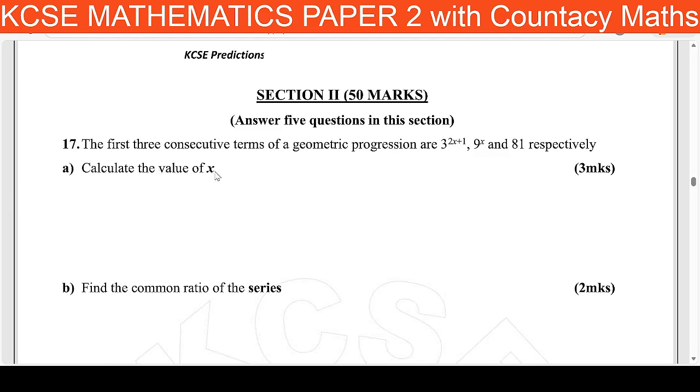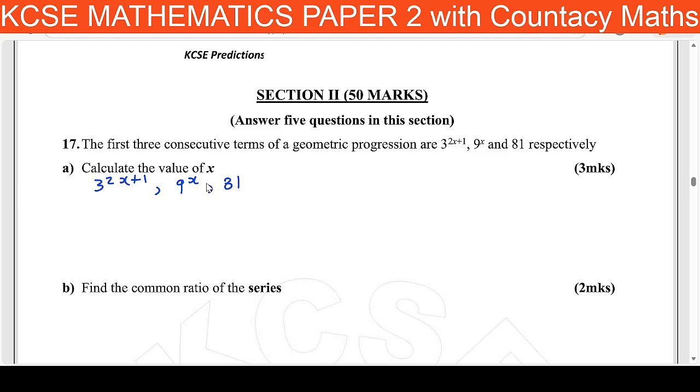This is quite a wonderful question that is testing different concepts and your understanding of AP and GP. The terms are 3 to power 2x plus 1, then 9 to power x, and finally 81.